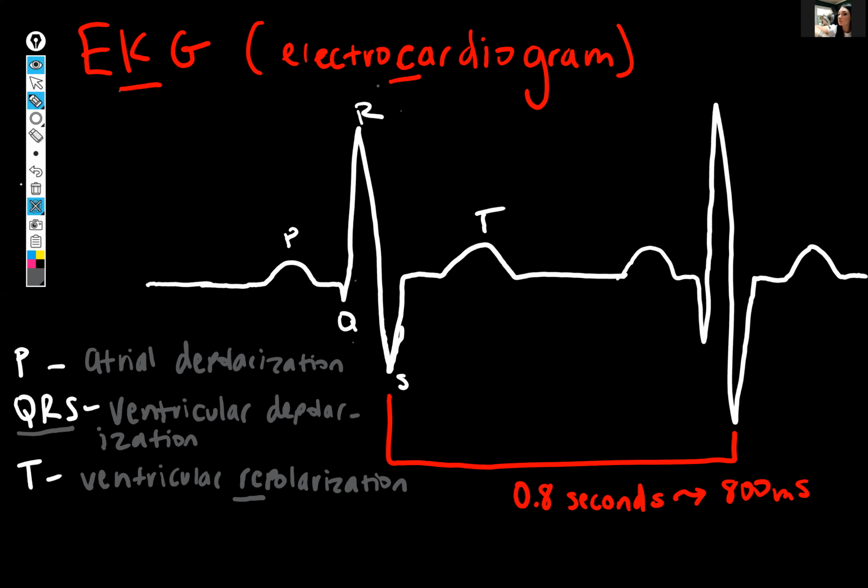And that's because it's not measured the same way as an action potential is measured. An action potential is measured by measuring the electrical activity inside of a single cell, so a neuron or a muscle cell. The EKG is looking at electrical patterns across an entire heart, which is a huge population of cells. So although both an action potential diagram and an EKG wave are measuring electrical activity, they're doing that at two different scales, which means that you cannot make the same assumptions about the waveforms.